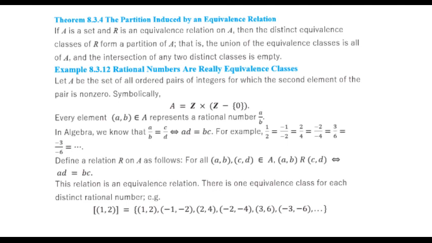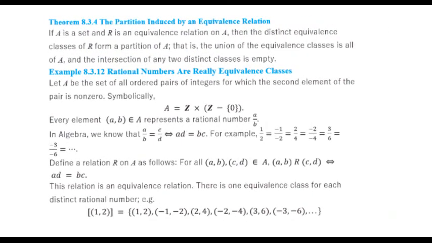And based on what theorem 8.3.4 claims, the set of all the equivalence classes in set A will partition the whole set, and as a result we can partition the set of all rational numbers using these equivalence classes.